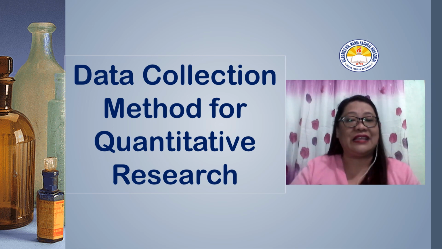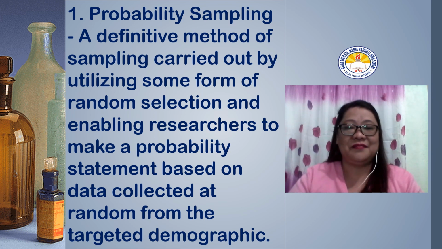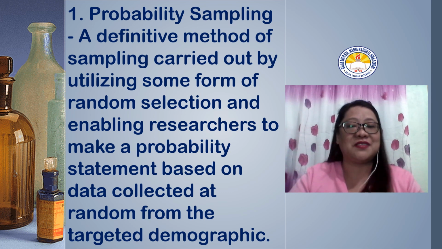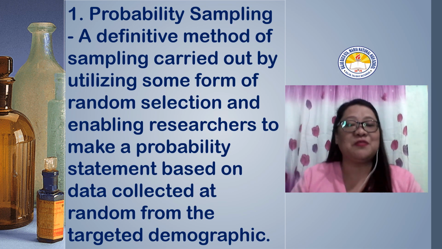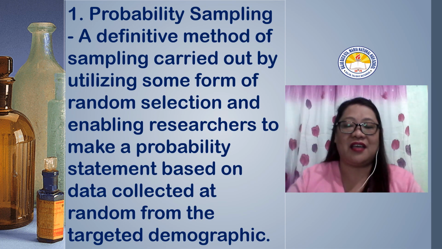Let us have the data collection method for quantitative research. Number one, probability sampling. This is a definitive method of sampling carried out by utilizing some form of random selection and enabling researchers to make a probability statement based on data collected at random from the target demographic.